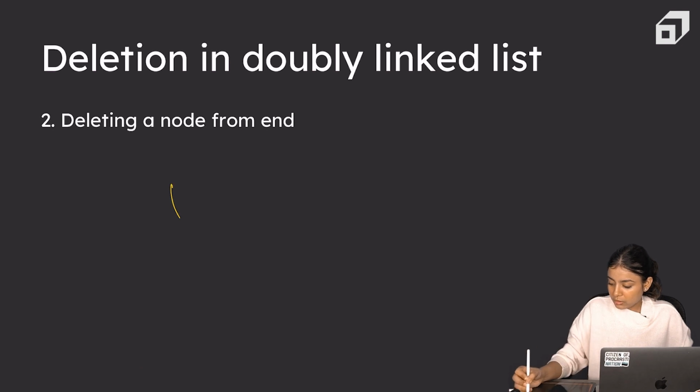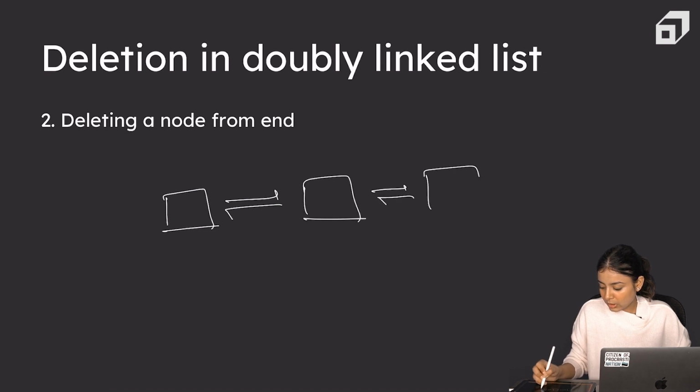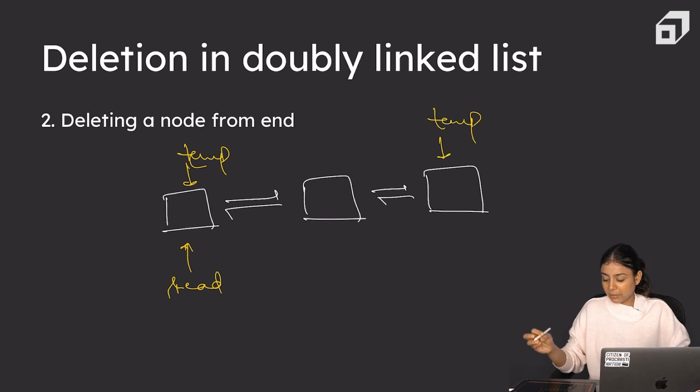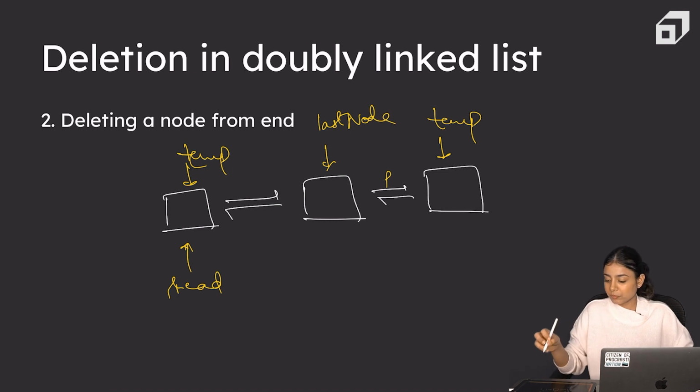Moving forward, deletion from the end. While deleting from the end, we'll have to traverse to the end of the list. So we'll take a pointer temp, and use it to traverse to the last node of my doubly linked list. Let's make temp's previous, let's say this will be my last node after deletion.